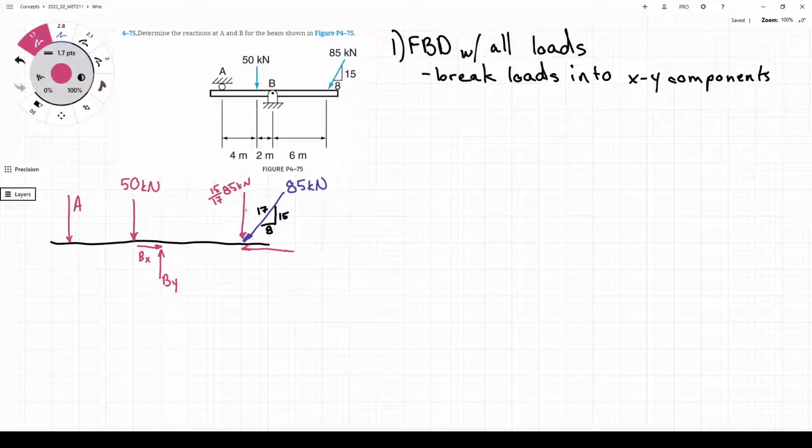So our vertical component will be 15 over 17 times 85, which is equal to 75 kilonewtons.